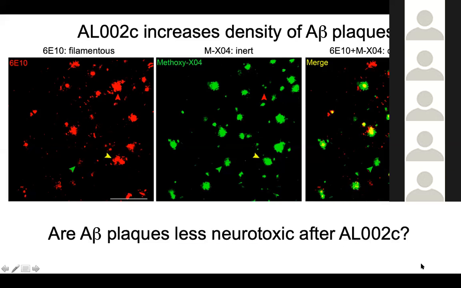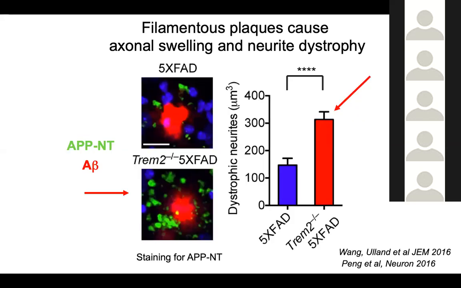So given the differential neurotoxicity of filamentous, inert and compact plaque, we next examined whether changes in plaque form impact the neural damage.